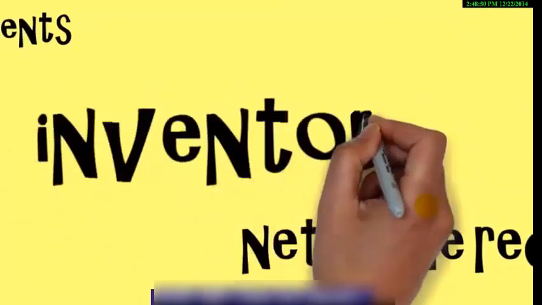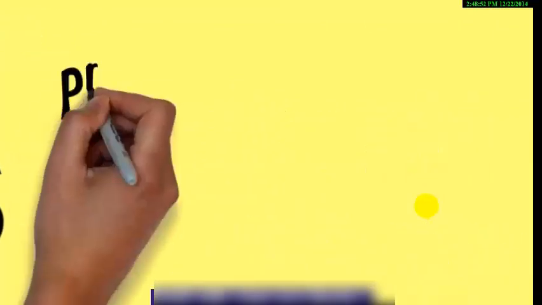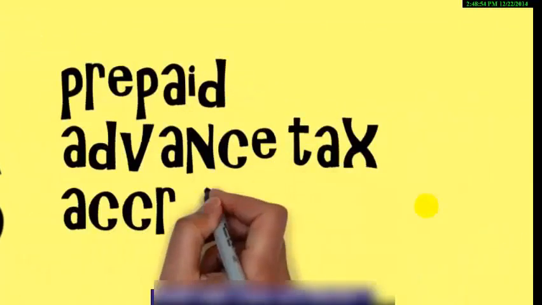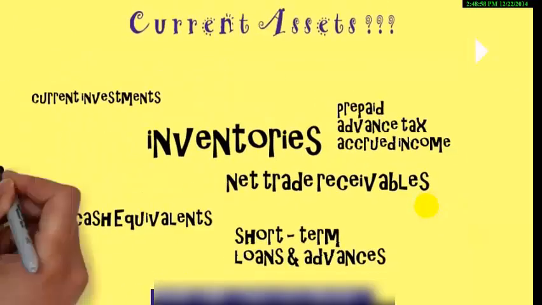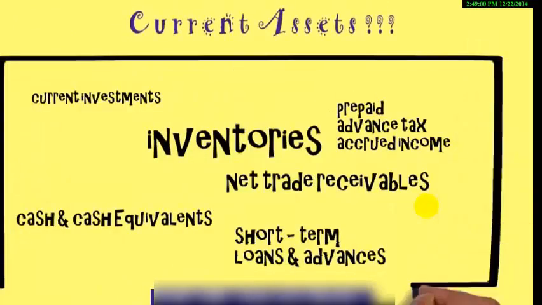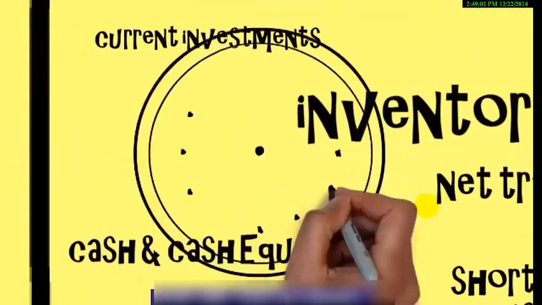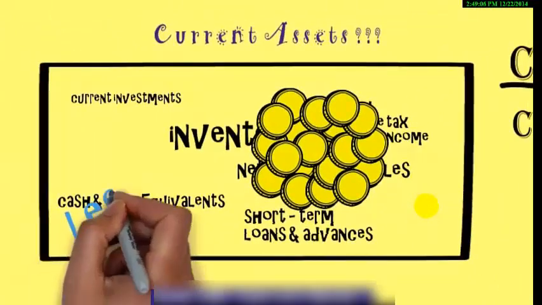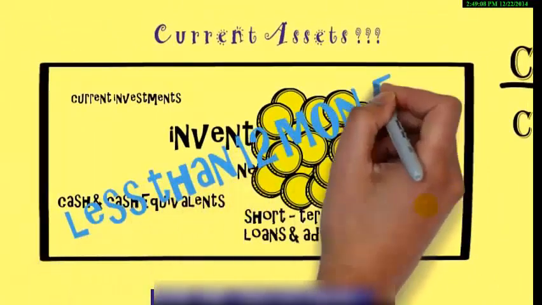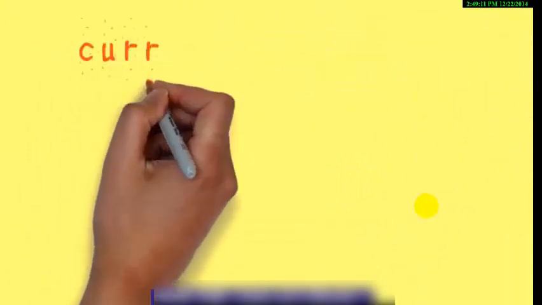They include inventory also, prepaid expenses, advance tax, accrued income. That is, all those assets appearing in the balance sheet of the company which take less than 12 months to get converted into cash.